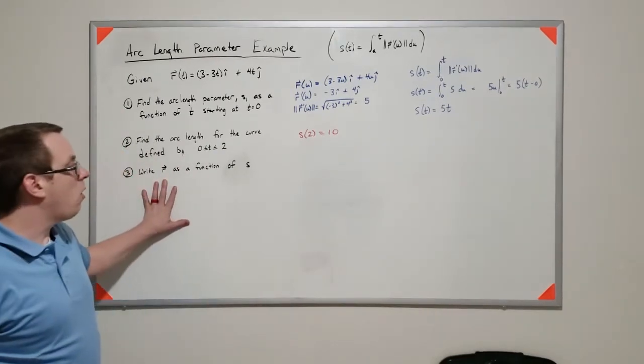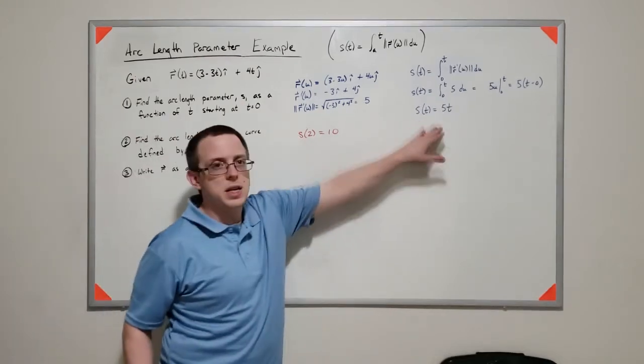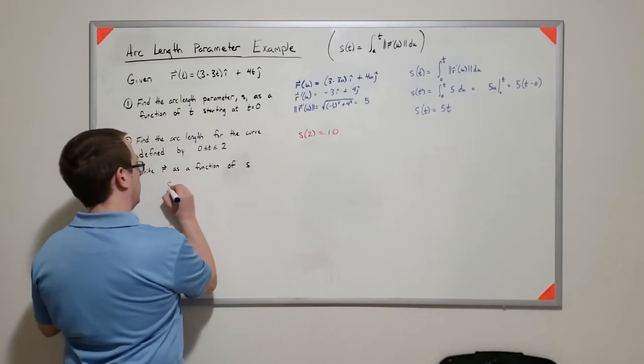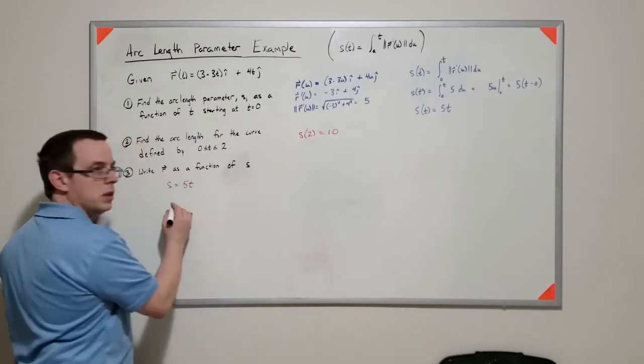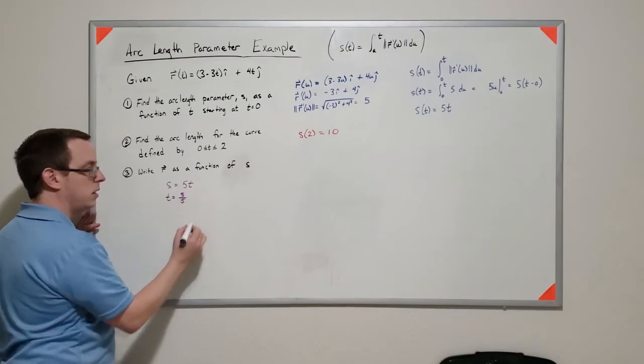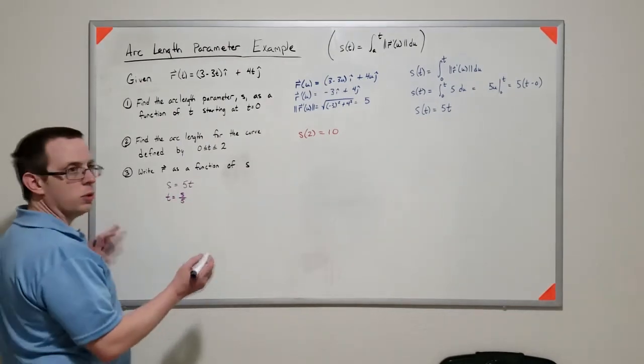And now we want to write r as a function of s. So if s is equal to 5t, then t is equal to s divided by 5. So what does that tell me?